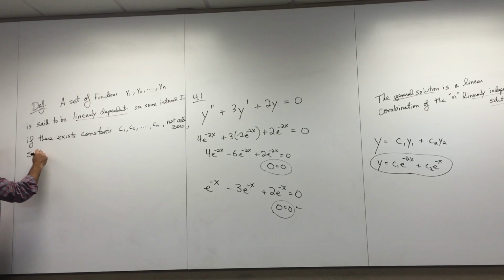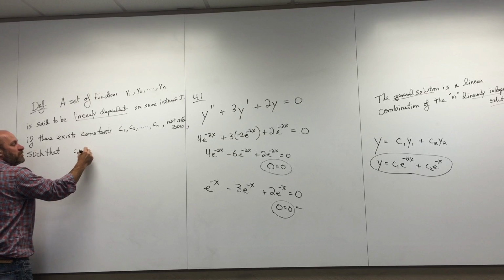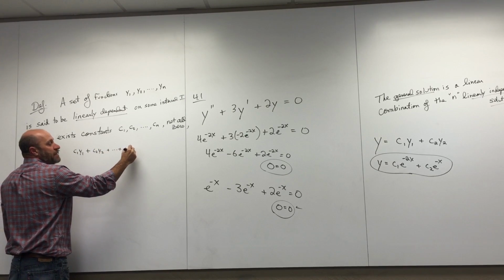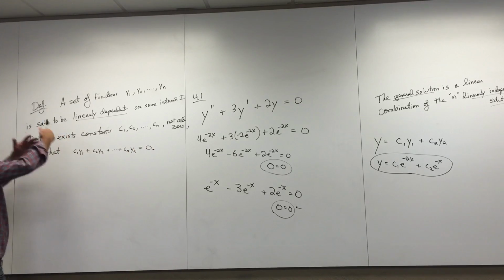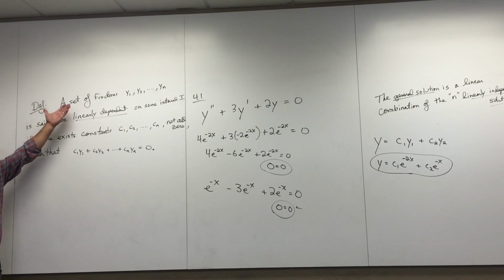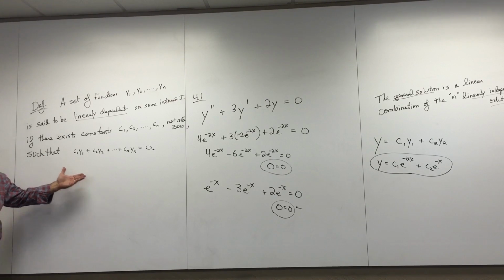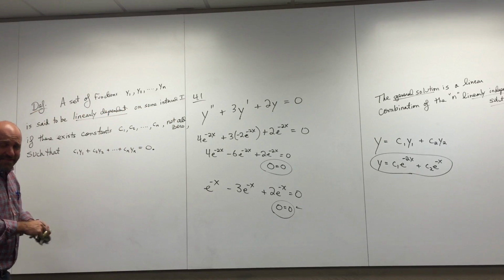Such that C1 times Y1 plus C2 times Y2 plus ... Cn times Yn adds up to be 0. That's the definition of a set of functions being linearly dependent. It's kind of tricky. It's definitely a mathematical type of definition. Higher math is kind of like this, by the way, in case you want to switch majors.